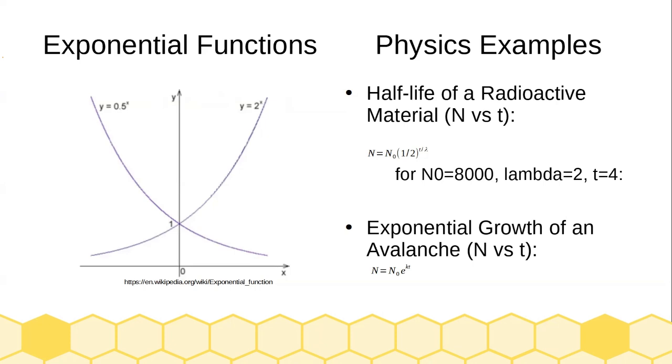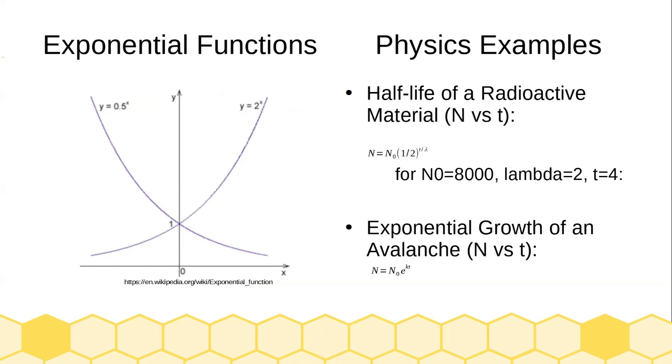So you start out at 1, and for 2 to the x, at x equals 1 it's 2 to the first power, which is 2. At x equals 2, it's 2 to the second power, which is 4. At x equals 3, it's 2 to the third power, which is 8. And it just builds and builds like this.